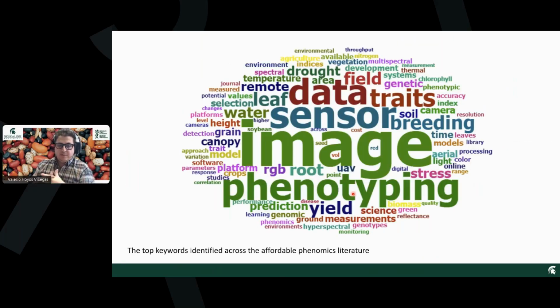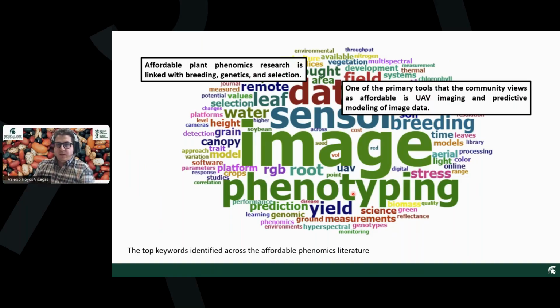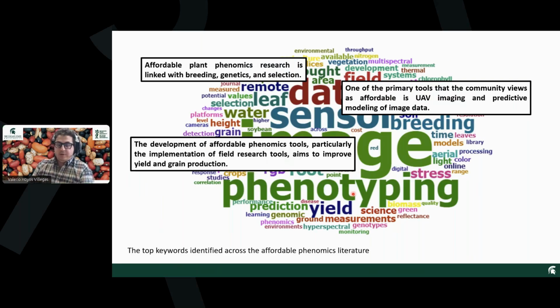So this is a word cloud generated from that work, and we can draw some conclusions from this. The first one is that affordable plant phenomics research is linked with breeding, genetics, and selection. One of the primary tools the community views as affordable is uncrewed aerial vehicles, imaging and predictive modeling of this kind of data. So that has become a predominant research area of technology.